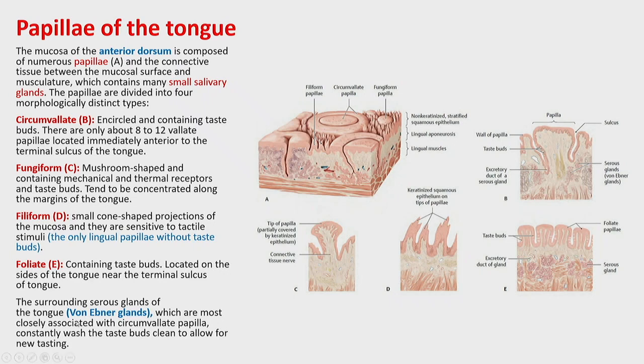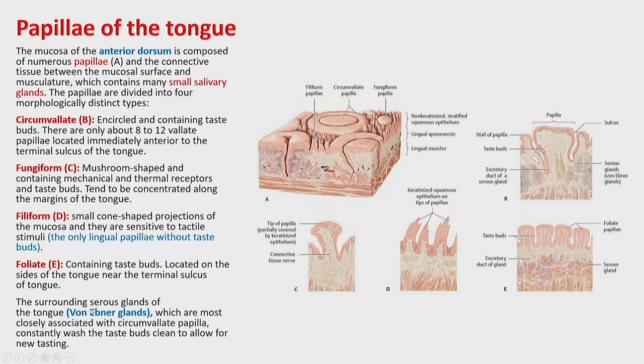The other is the small salivary gland located around the circumvallate papilla, exactly in front of the terminal sulcus. It's called von Ebner glands, and it produces serous secretion.